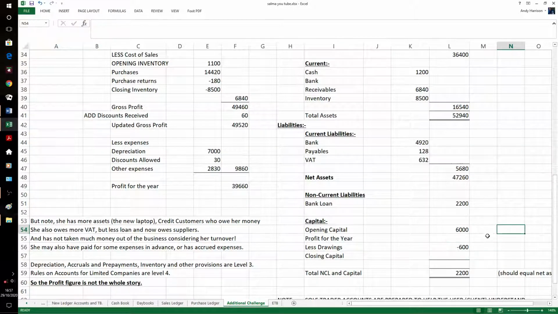So if you put in her 39,660 profit, so that's where she started, that's her profit. She's only taken £600 out. Her capital is therefore now, I'm just going to double check against my original calculations.